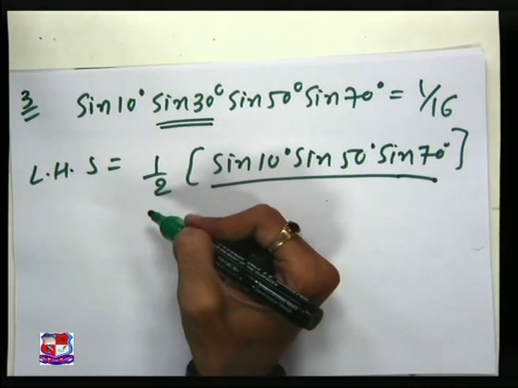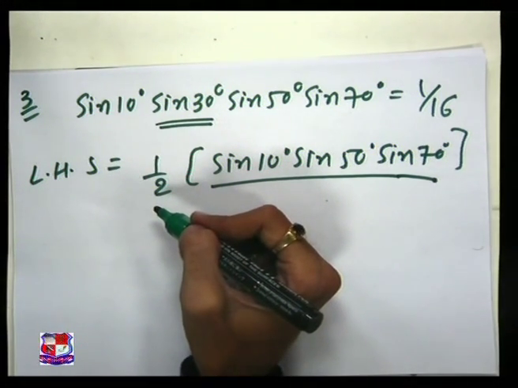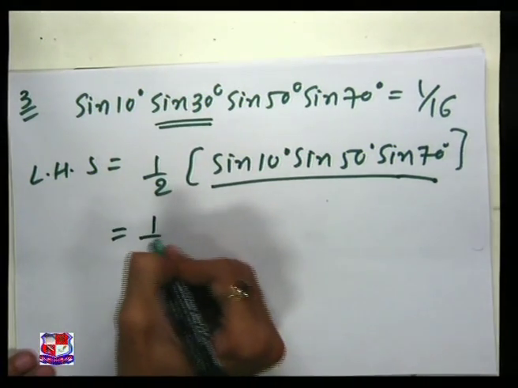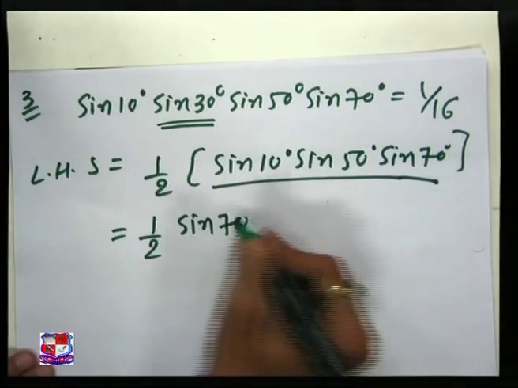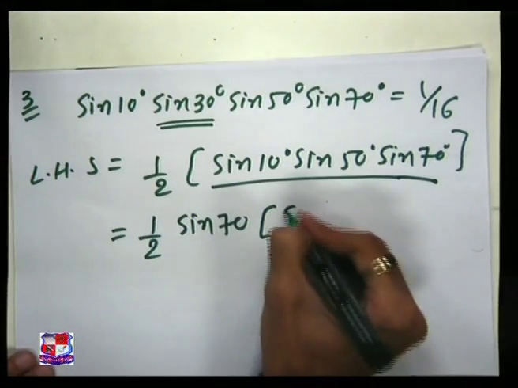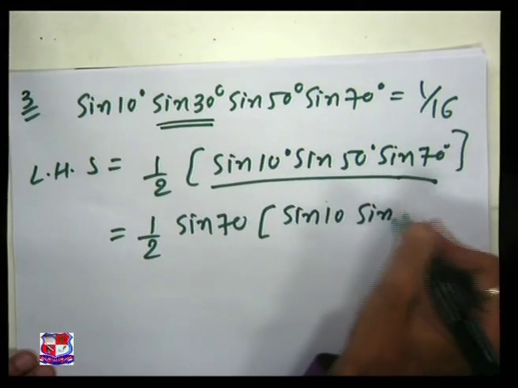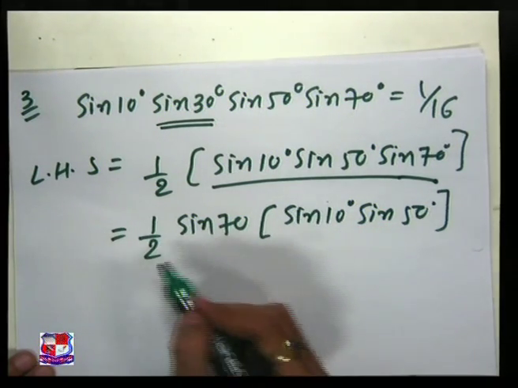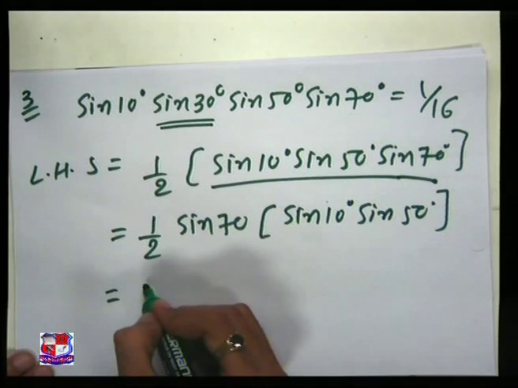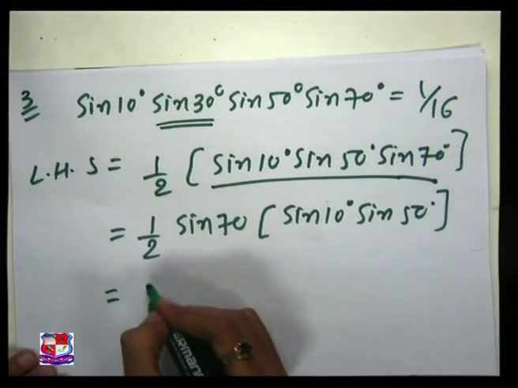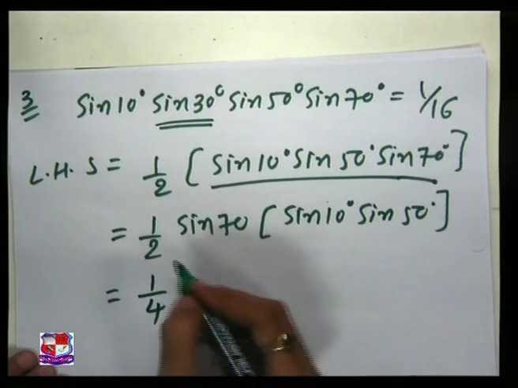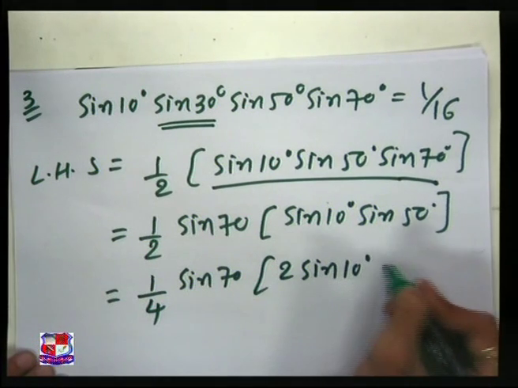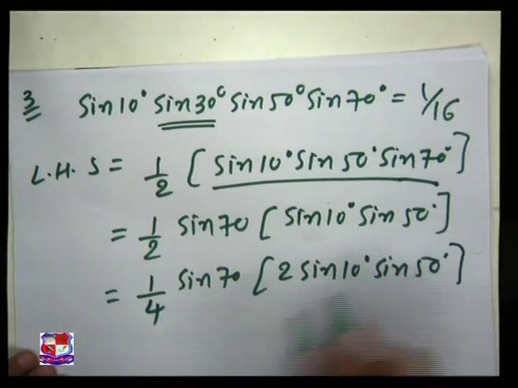And here if we put sin 70 as it is, then we will get 1/2 sin 70 into sin 10 into sin 50. Now as we know, if I multiply by 2 and divide by 2, then I will get 1/4, then sin 70 into sin 10 into sin 50.